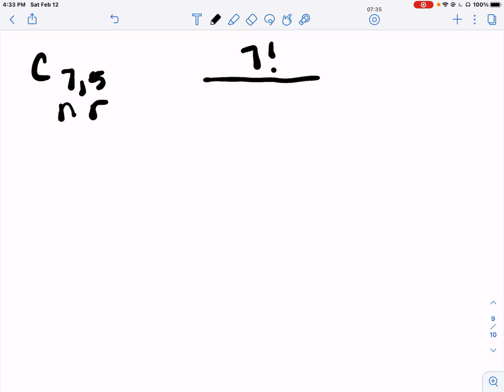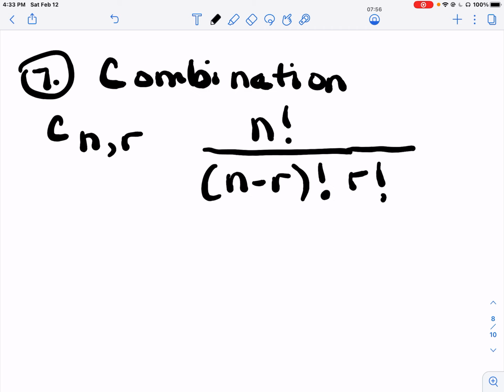So if we have C of 7, 5, that means 7 is N and 5 is R. So you do 7 minus 5 here, and you do R factorial right here. Okay, I'm using this formula right here.